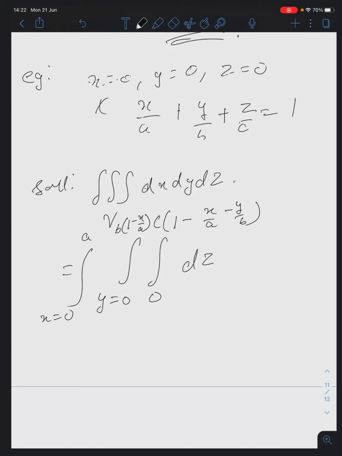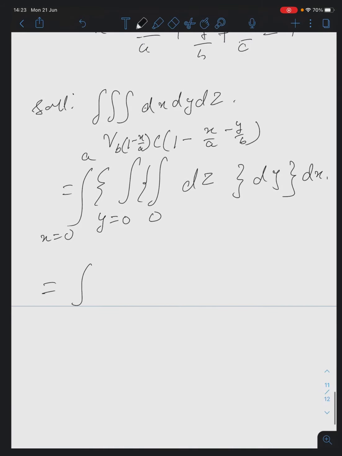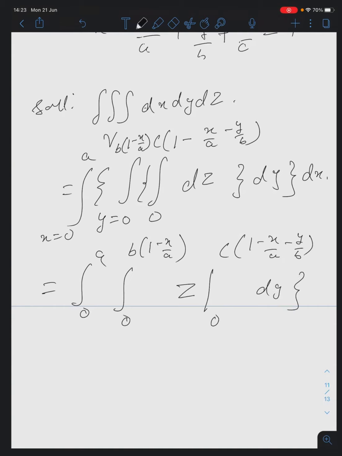So this will be dz first, you will integrate dy later, and then dx. So you integrate, 0 to a as it is, 0 to b into 1 minus x by a as it is. You integrate, you will get z, with limits from 0 to c into 1 minus x by a minus y by b, dy, this whole thing, and then dx.